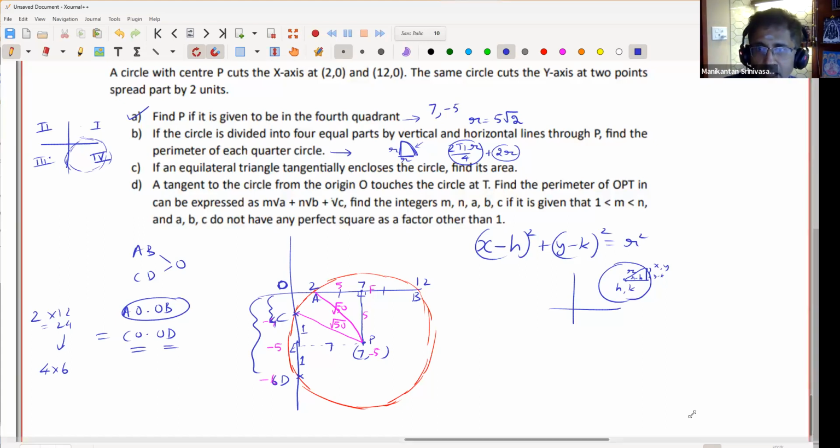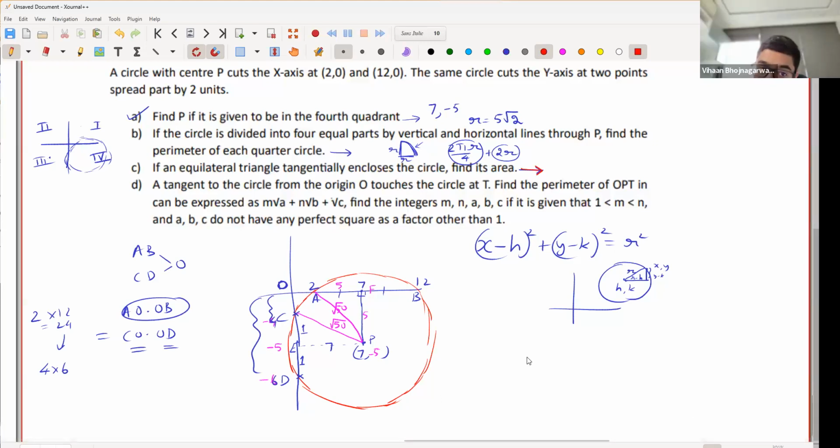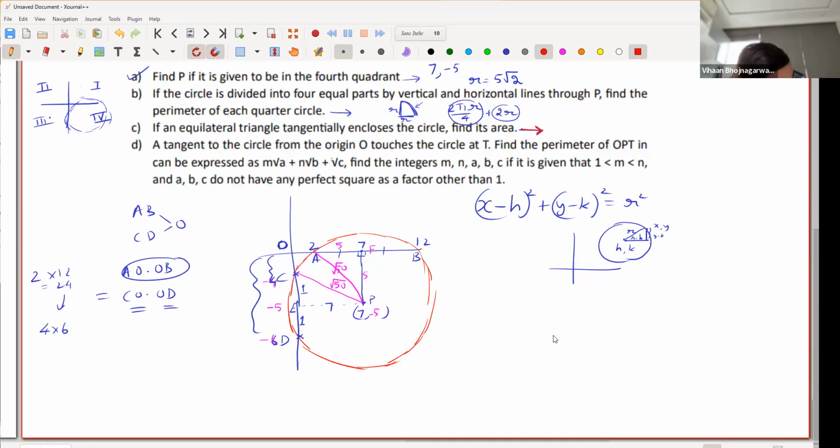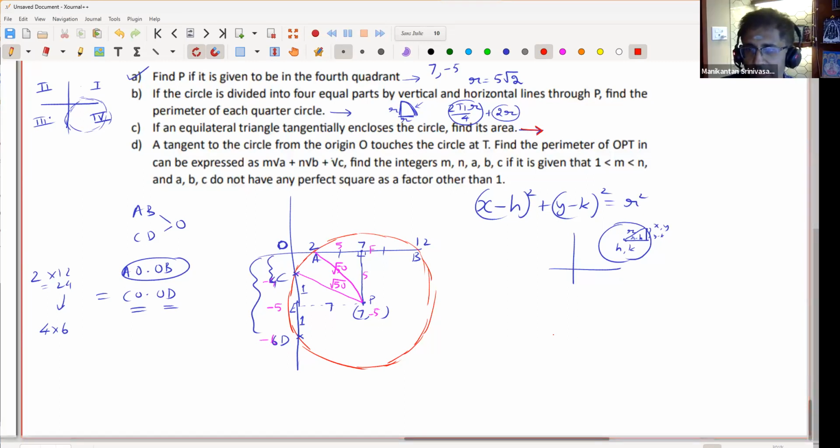Okay, all right. Vihan, third part, C part. If the equilateral triangle tangentially encloses the circle, find its area. So basically you draw a triangle outside the circle. What did you get? Let's check if your answer matches with others. What is the value that you got?